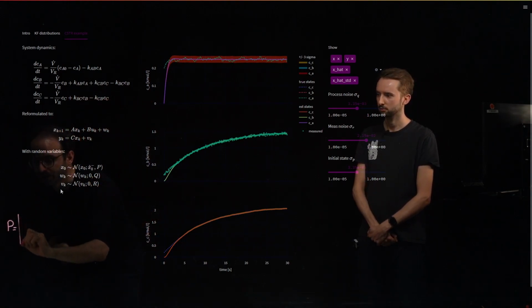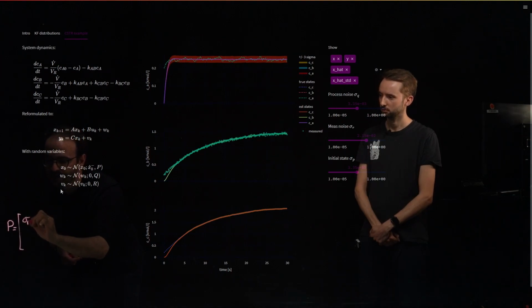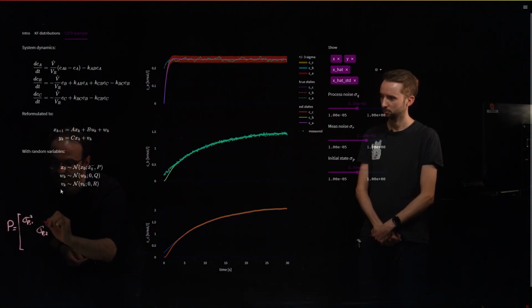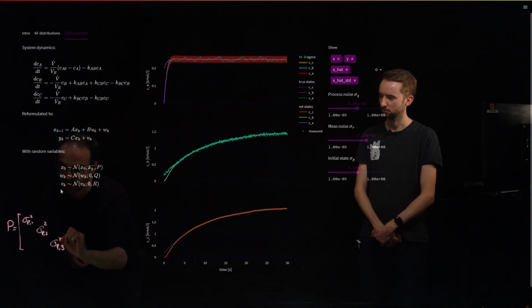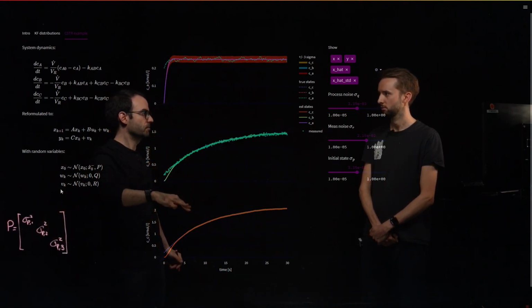And what we can do is take a look at the elements on the diagonal of this matrix: sigma_P squared, that's the variance of state 1, sigma_P squared of state 2, sigma_P squared of state 3. These elements of the diagonal give us the variance of each one of the state estimates.